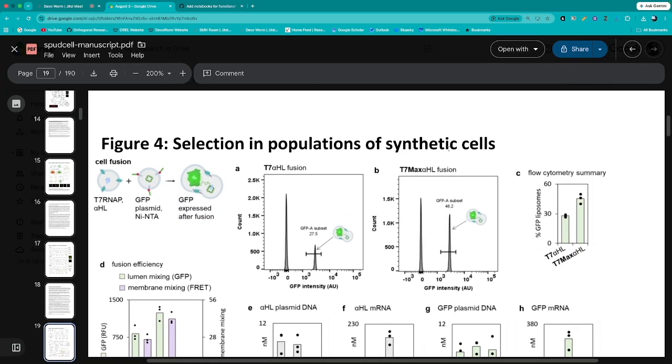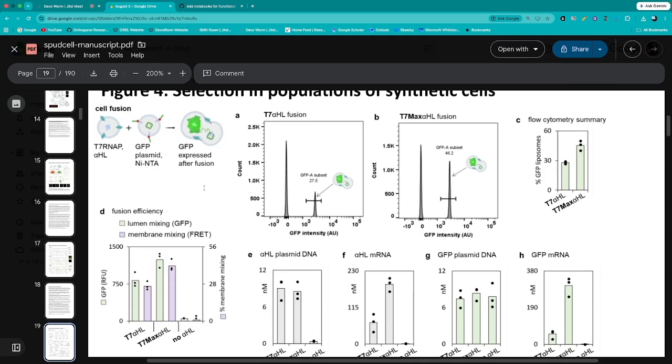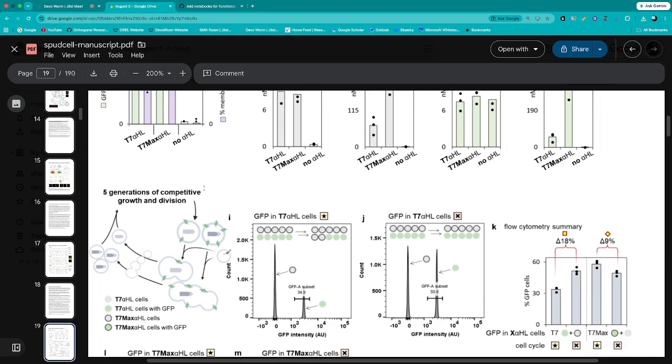This is selection in populations of synthetic cells. So this is where you're getting this selection. You have this cell fusion where you have the T7 RNAP plus the plasmid, and you get this GFP that's expressed after fusion. And this just shows some of the details of that.